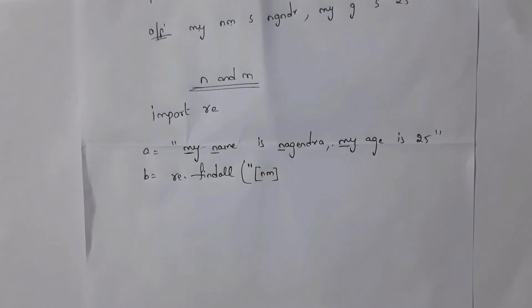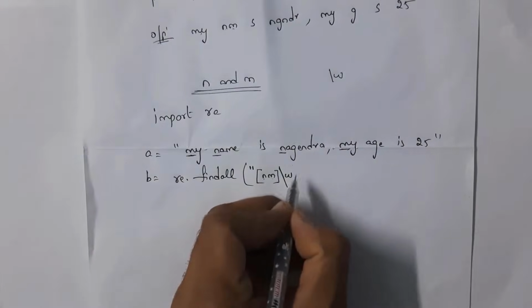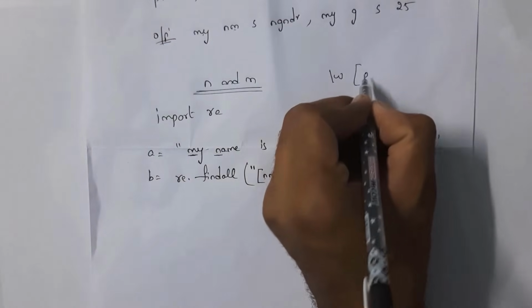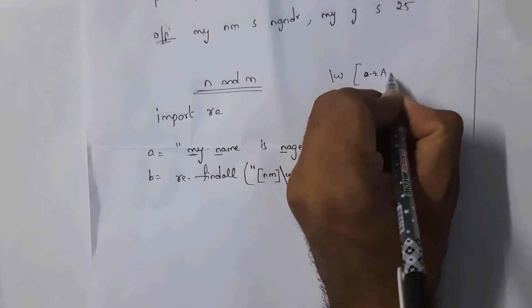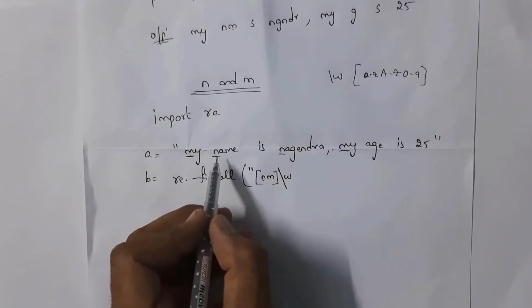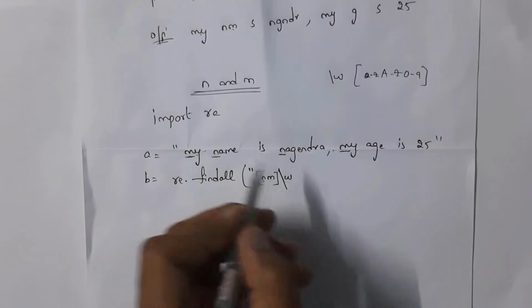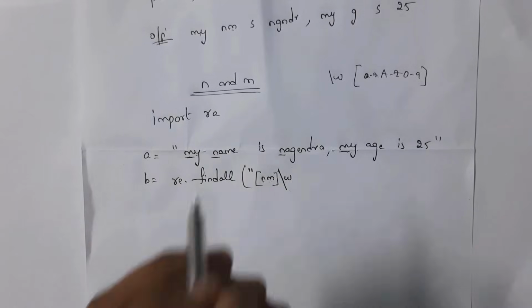But I want to print complete word. So just write here slash small w. Small w is nothing but it is combination of small a to z and capital A to Z and 0 to 9. So starting must be either M or N, and rest I need to print all words. So I written here slash w. So it will print all words.